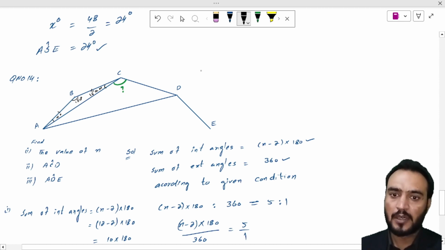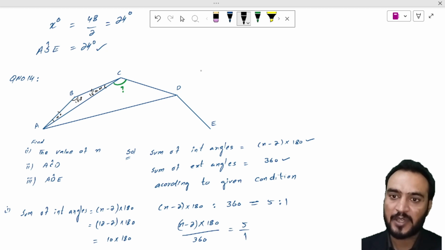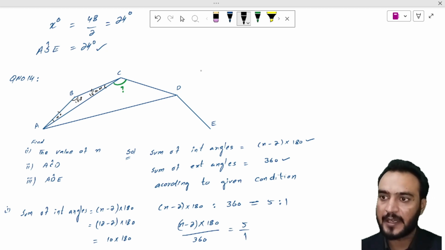Now to get the angle ACD, we subtract angle BCA from the angle BCD. BCD minus BCA. Angle BCD is the interior angle of this polygon, and all the interior angles of this polygon are equal to 150 degrees. We subtract the angle BCA, which is now 15 degrees.